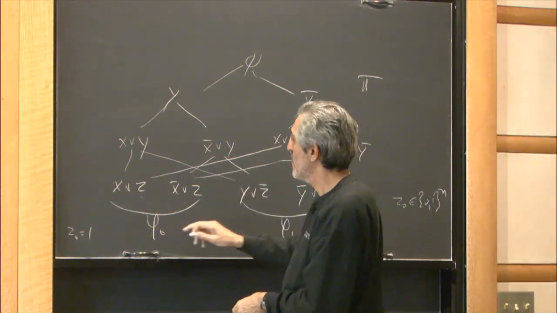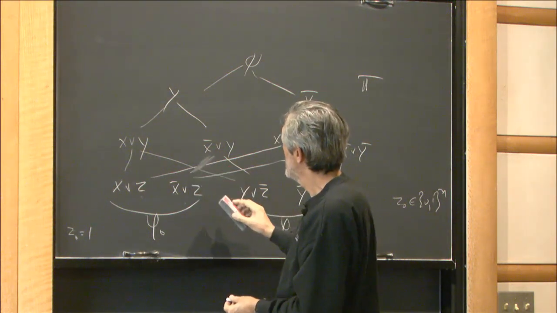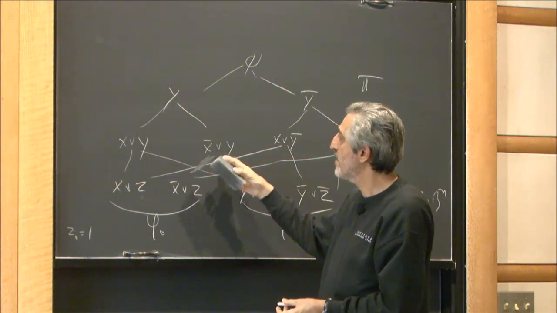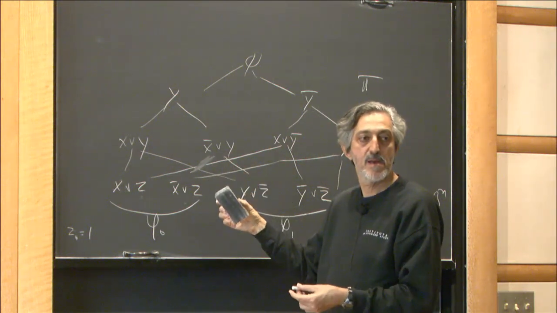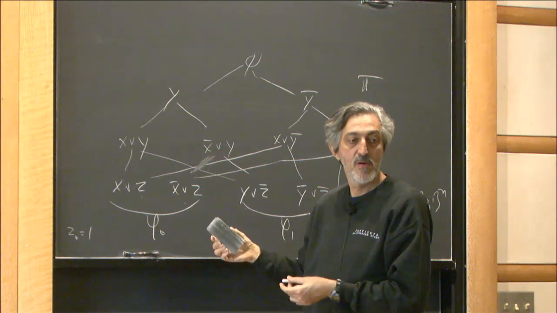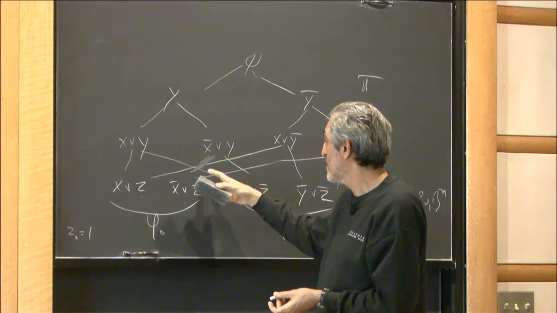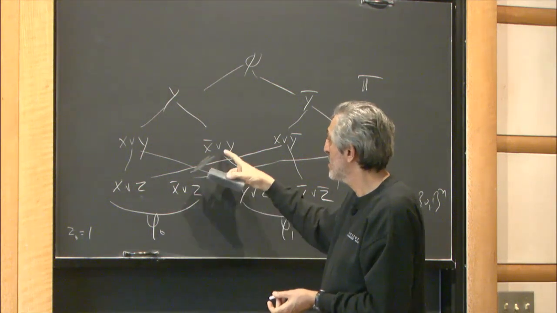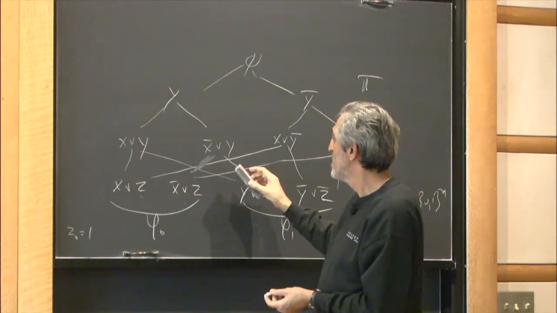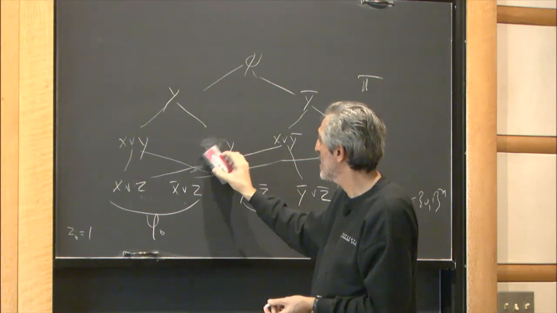So let's see, z0 equals 1 means that you start labeling the clauses as being either x clauses or y clauses or just constant 1 clauses which you can throw away, right? Because this is a constant 1, this is a constant 1, so anyway, you basically erase the x here.